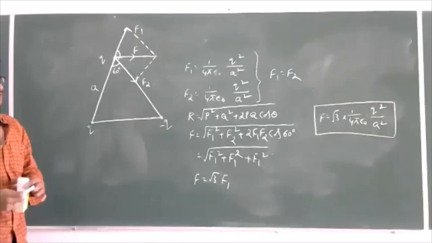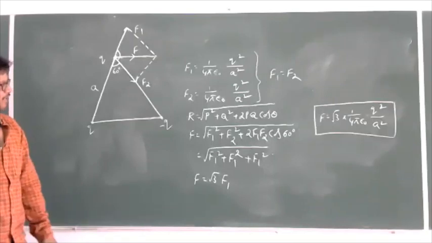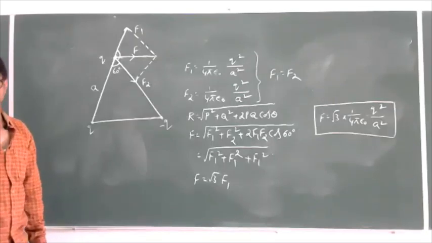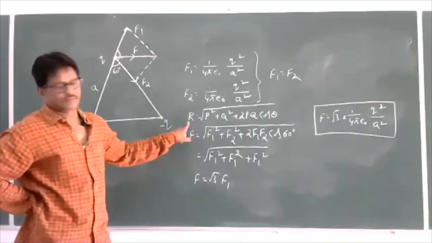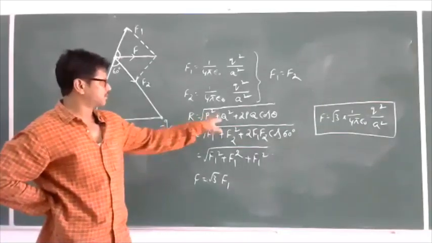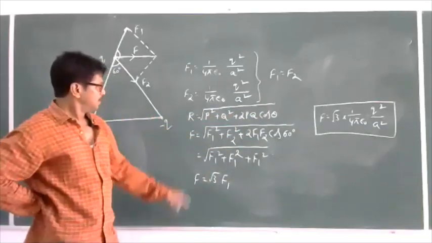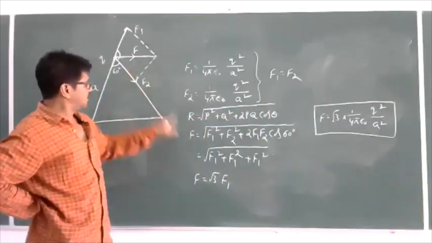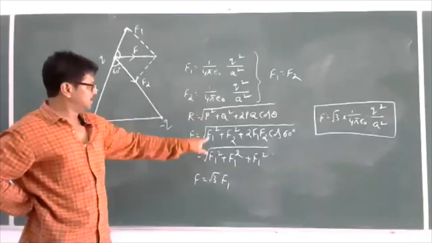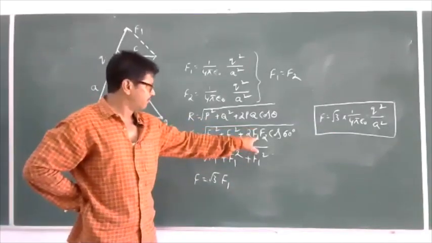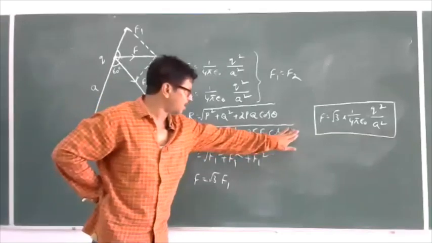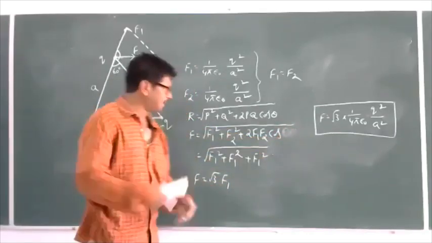The diagonal of the parallelogram will give the resultant of those two. Again, the same formula. R is equal to square root of P square plus Q square plus 2PQ cos theta. Now, R is nothing but the resultant F. P is equal to F1, Q is equal to F2, 2 F1 F2 cos theta.